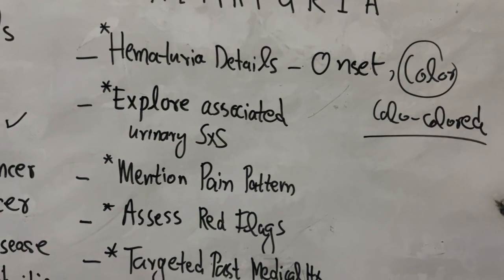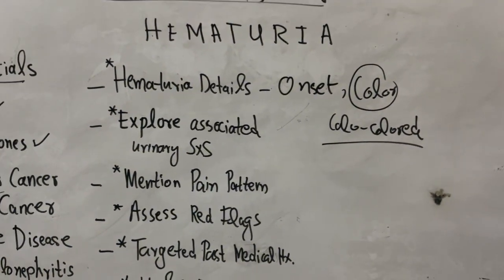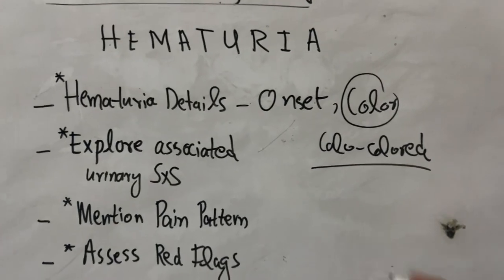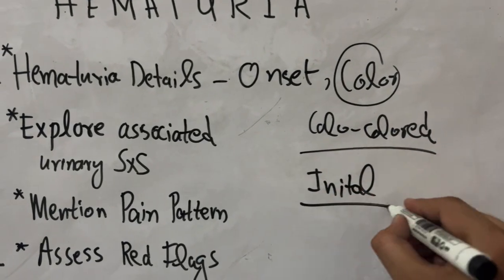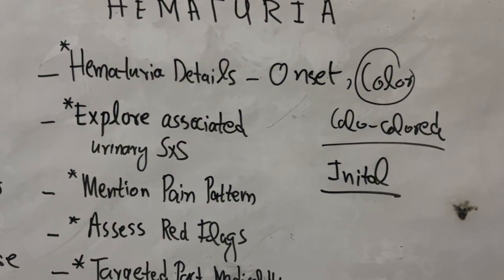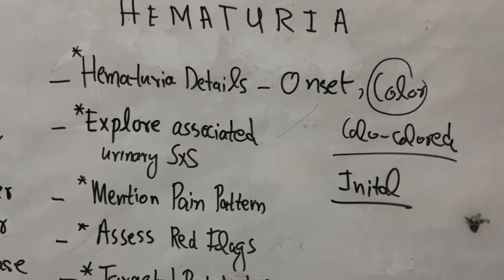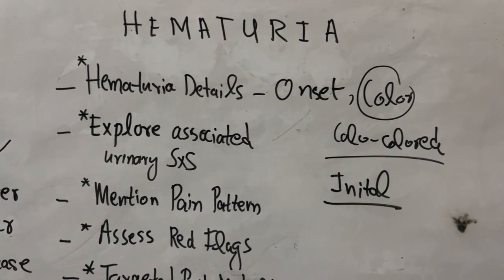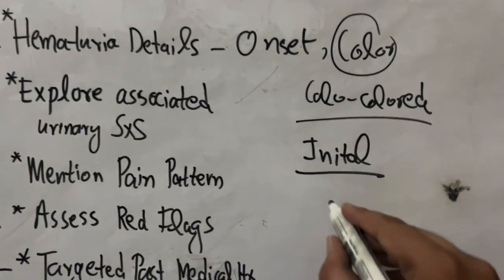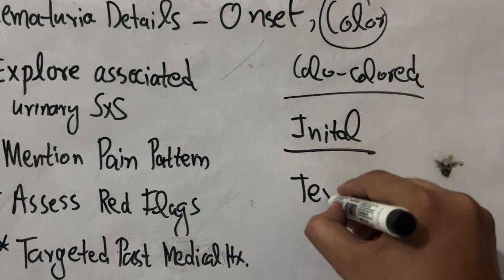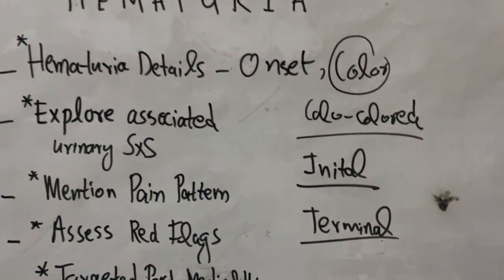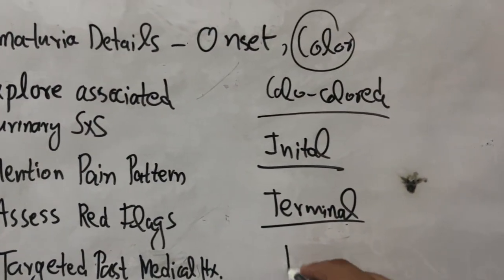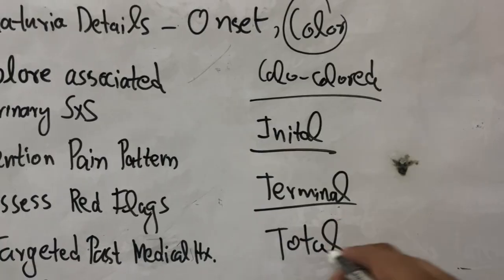Then we'll ask if it is present in the initial stream, at the start of the stream of the urine, or is it terminal hematuria, only present at the end of the stream, or is it total hematuria, throughout the stream?